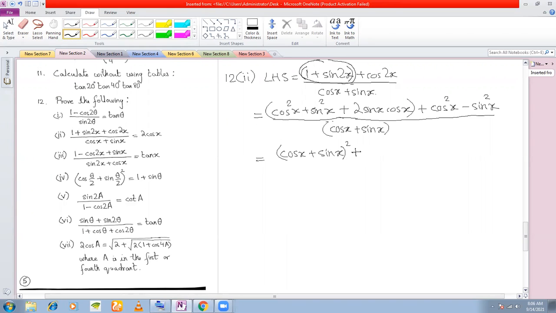Plus, now cos square x minus sin square x can be factorized as (cos x plus sin x) into (cos x minus sin x). And the denominator you keep as it is, because the denominator is going to cancel later on.